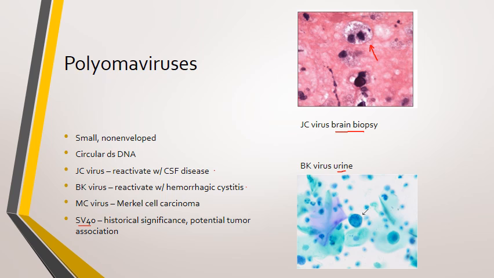There are newer viruses characterized in this family, a little less information about them. You've got the KI virus, the MC virus, and the WU virus. KI and WU, really we don't know a lot about their pathogenicity or prevalence, but the MC virus, actually we do know a little bit about it.